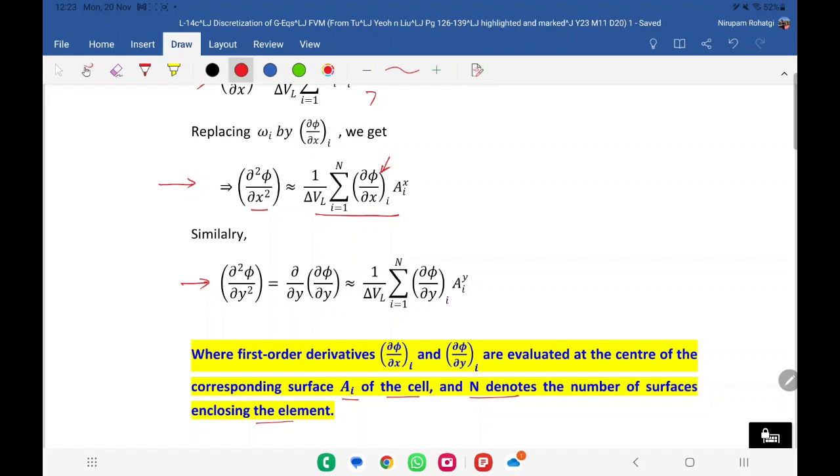Now, may I summarize the whole thing? So the whole issue is that we start with FDM. In FDM, we are talking in terms of points and not in terms of volumes, right? Although you can make volumes out of those points, we are talking in terms of points.